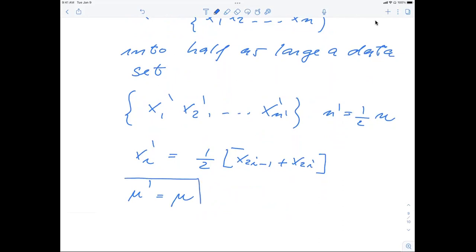So this is unchanged. Similarly, it's pretty easy also to show that this sigma of mu prime is the same as the sigma of mu. So that means that the total variance is not changed.